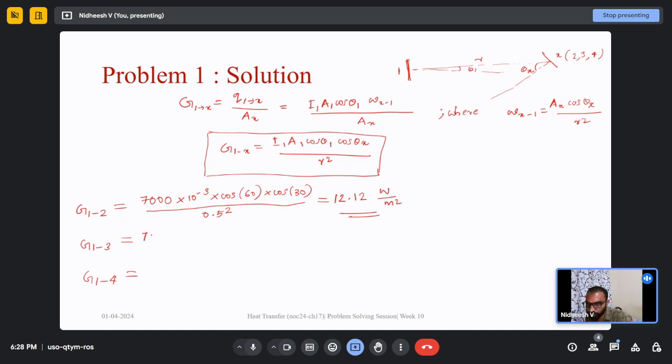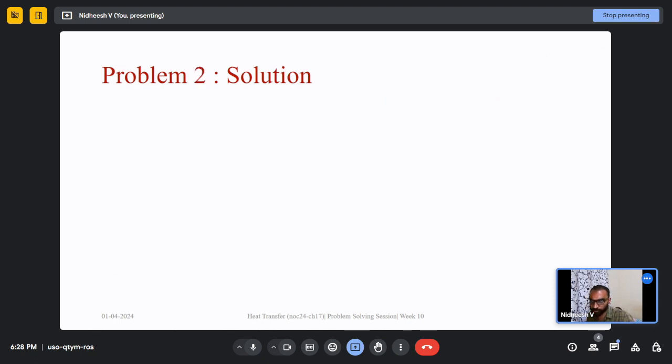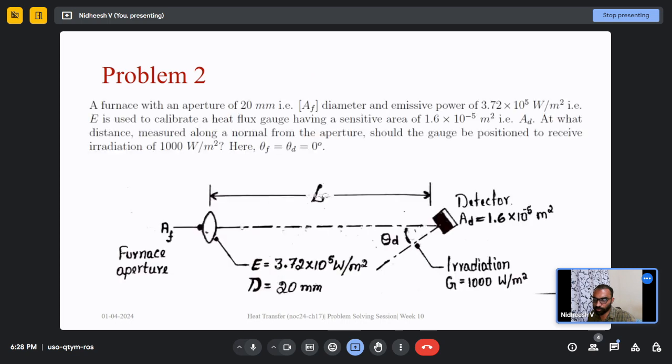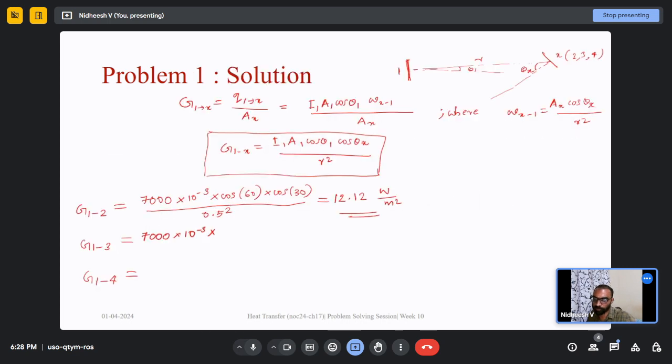For G13 it is 7000 into 10 power minus 3 into, G13 is 28.